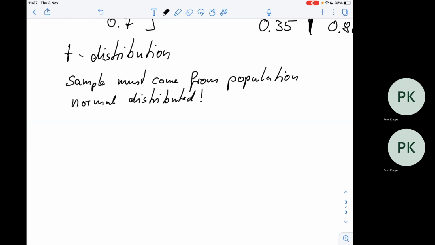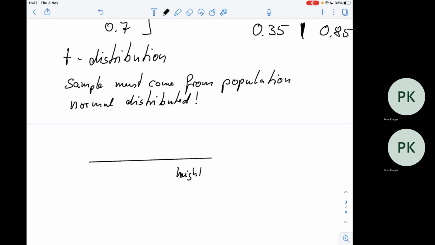What does that mean? Well, a normal distribution, you all have seen what a normal distribution is. If we, for example, plot the height of people, so height, and here the frequency, how often do we see that? What we will find is sort of a bell-shaped curve, right? You have seen these bell-shaped curves.